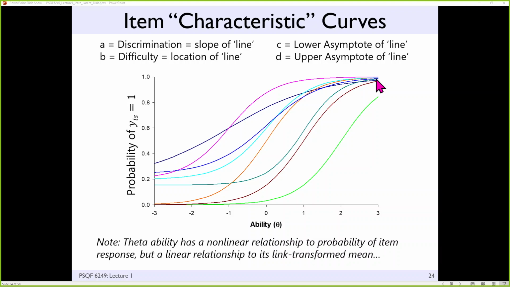If you plan to set the neighbor's cat on fire, are you going to admit that? Probably not. So there's some chance that people who should endorse something are not going to because they know better or there's something else at play. So where the line tops out can be a parameter, where it bottoms out can be a parameter. But A and B are generally what we would focus on in a non-educational measurement context.